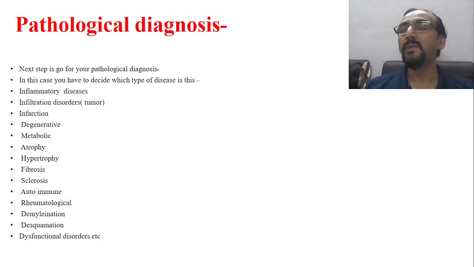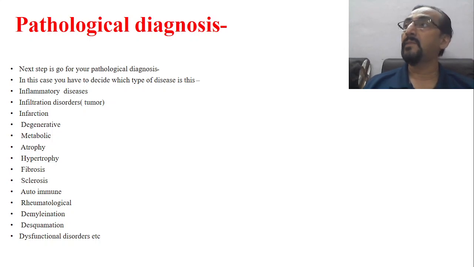Now we have to differentiate. Suppose along with all these problems the patient is also having fever. That means most probably there is inflammation, either infective or non-infective inflammation. If the patient has a sudden loss of functions, there may be some infarction. If there is slow loss of functions, or already acquired functions get lost, then it is degenerative.